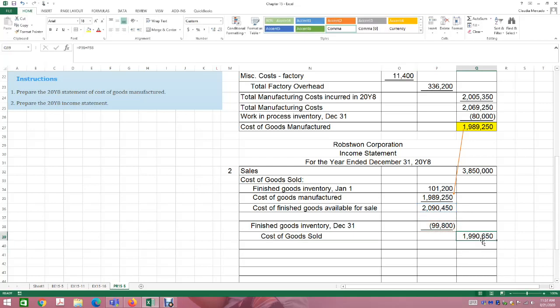Now this number is 1,990,650. Your cost of goods sold figure here will be a minus. Why? Because that is how much money you spent in manufacturing your goods. This is how much money you spent making your goods. The cost of your goods sold is 2,190,250.